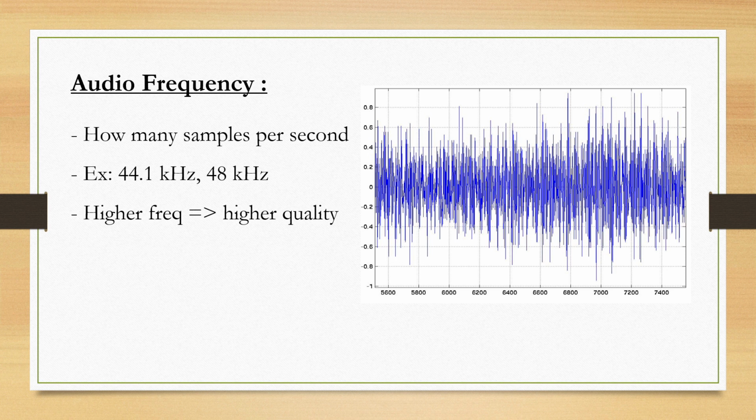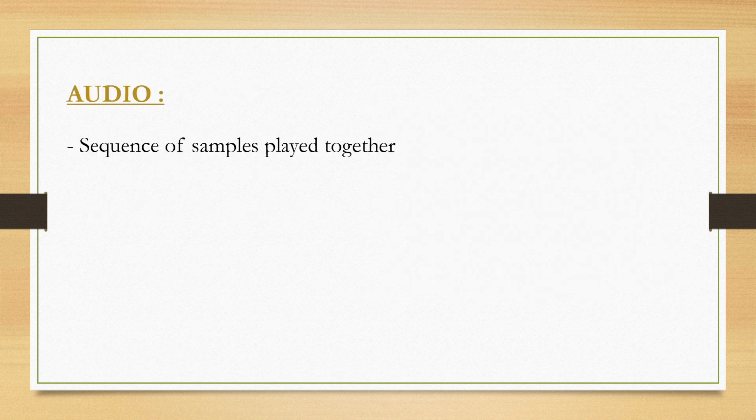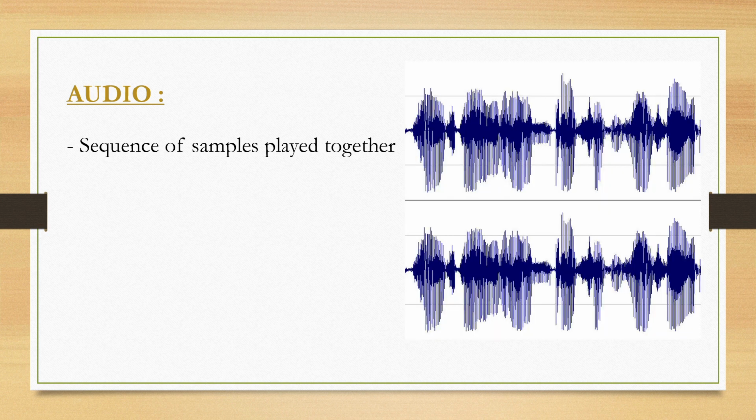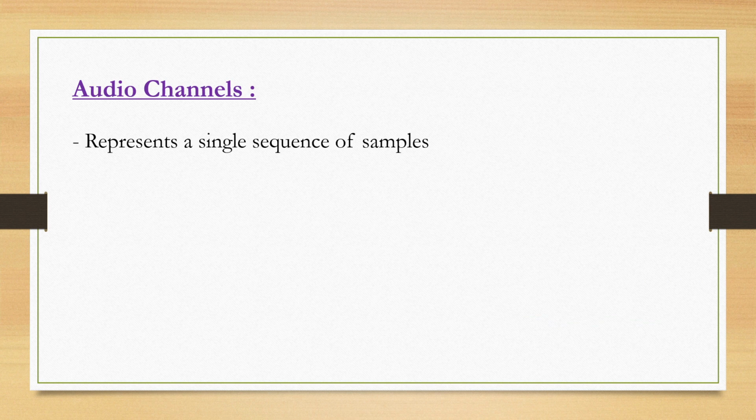Here I'm going to discuss only some basics of how video, audio, and images are formed. If the audio frequency is high, it leads to higher quality audio, and the sequence of samples played together is called the audio, and it has a time duration. Every audio has a time duration.